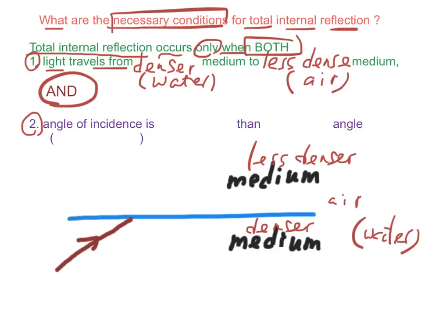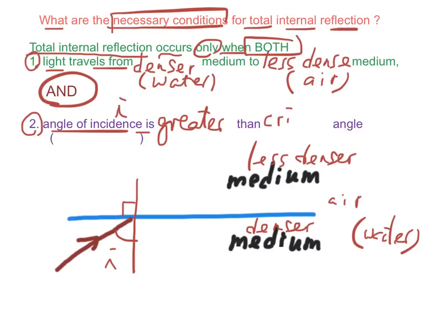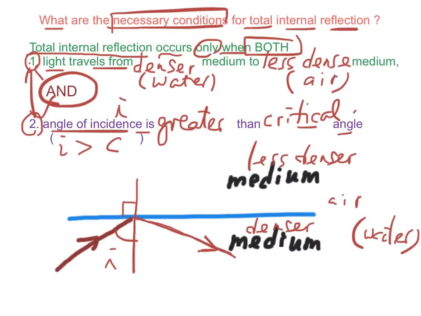And second, the angle of incidence I is greater than the critical angle of the medium. That is, I larger than C. When both conditions exist, the light will be totally internally reflected.